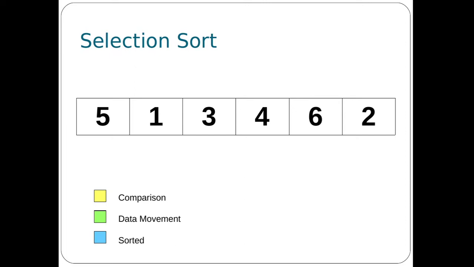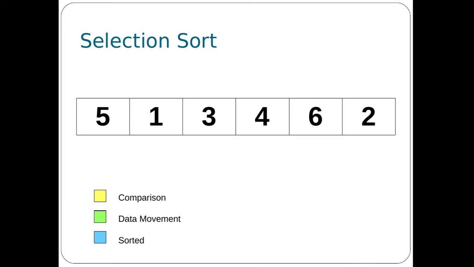However, you can also implement this algorithm in another way. Instead of finding the smallest value, you can find the largest value as well. However, in that case, you have to move the value to the final position, the last location, instead of moving it to the first position.